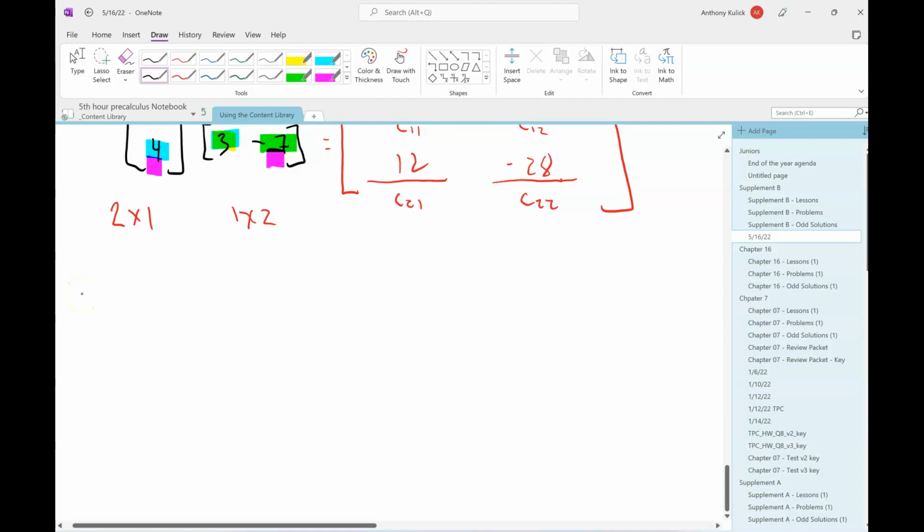All right. So another special matrix is called the identity matrix. I should be specific, the multiplicative identity matrix.